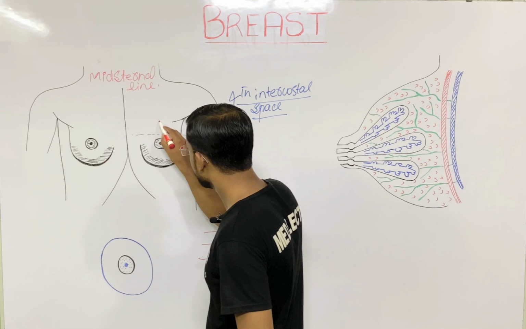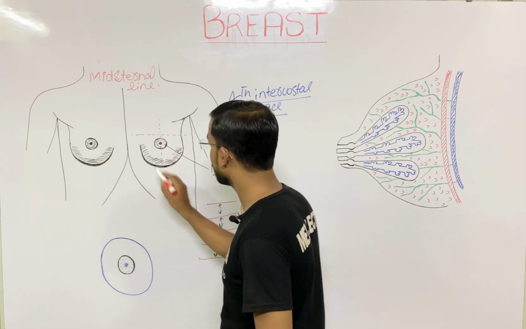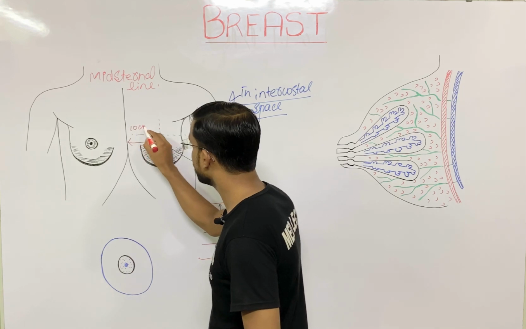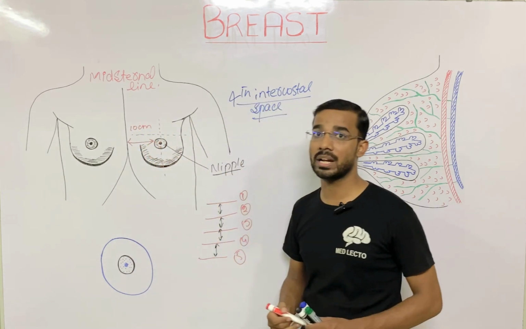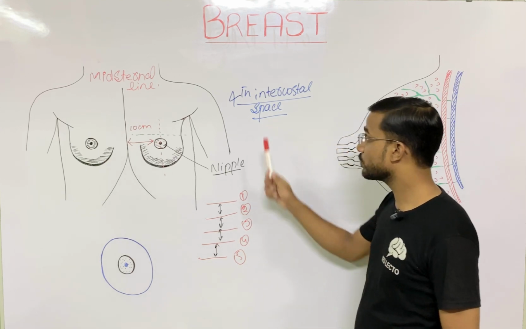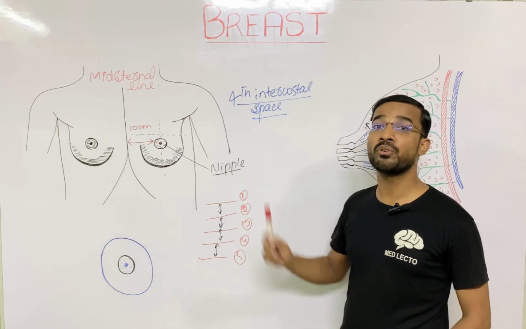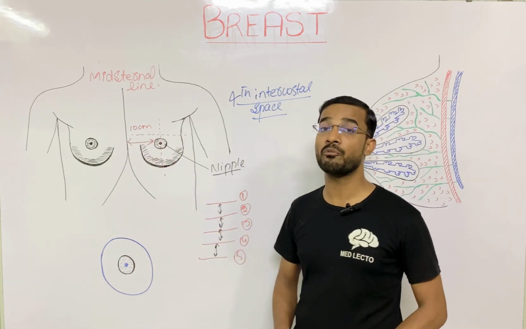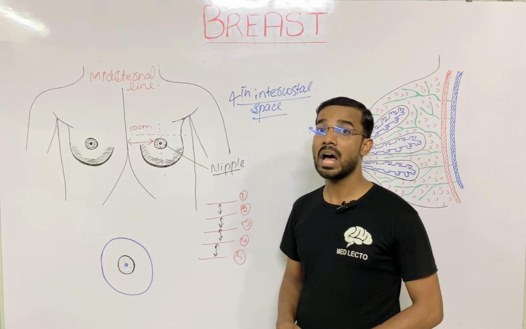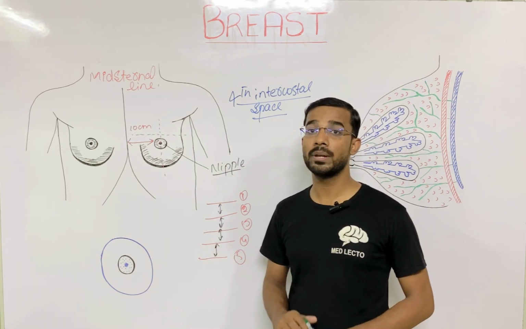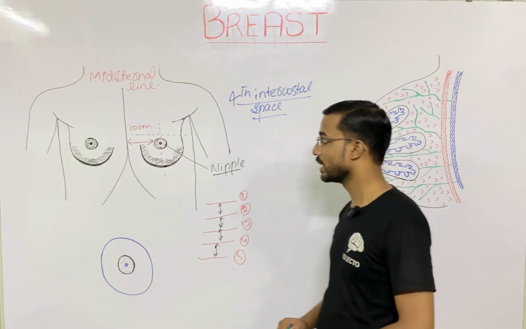So here is the position of the nipple, and that nipple is 10 centimeter away from the mid-sternal line. So there are basically three most important things. First one, it is present in the fourth intercostal space. Second thing, it is 10 centimeter away from the mid-sternal line, and it is present just below the center of the breast.